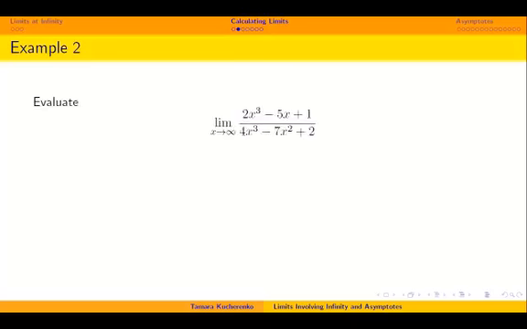The second example is to evaluate the limit as x approaches infinity of 2x cubed minus 5x plus 1 divided by 4x cubed minus 7x squared plus 2.